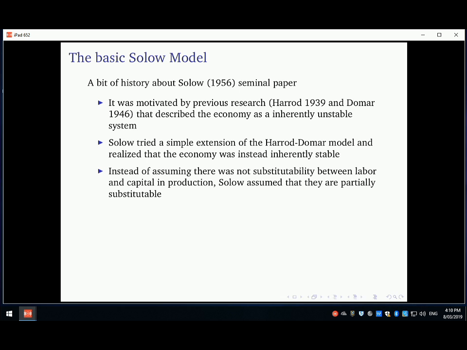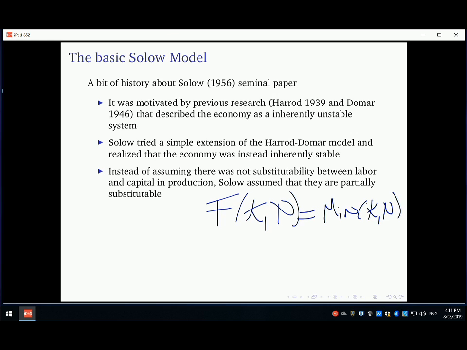And he assumed that that elasticity of substitution was one, which is a Cobb-Douglas production technology, essentially, right? So previous papers were assuming something like this as a production function, right? Previous papers were assuming something like this. That is the Leontief. That mathematical production function implies that you need to use capital and labor in fixed proportions.